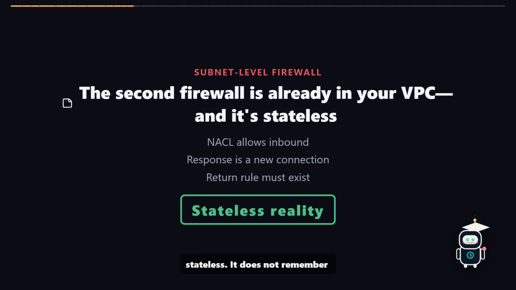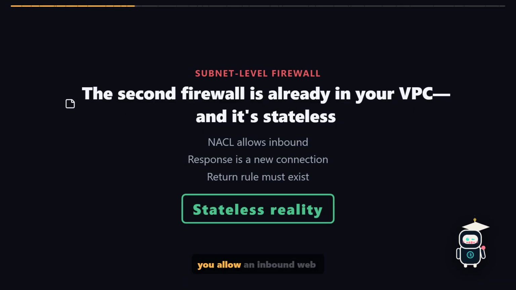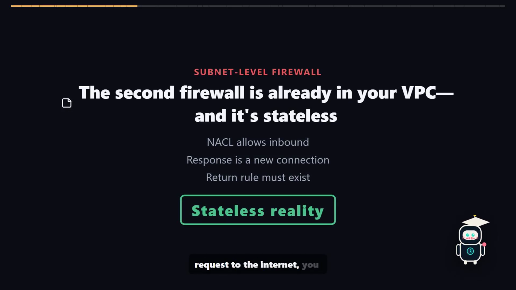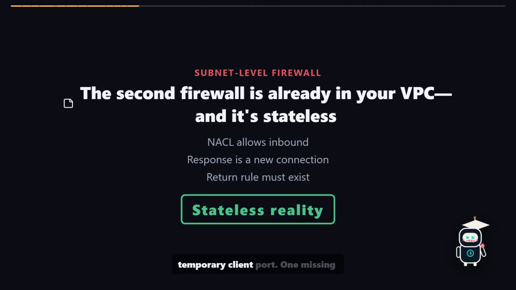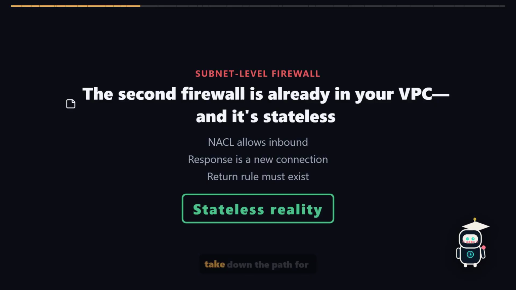It does not remember that you just allowed one direction of a connection. If you allow an inbound web request, you must separately allow the outbound response. And if an instance starts an HTTPS request to the internet, you must separately allow the inbound response back to the instance's temporary client port. One missing rule on either leg can take down the path for the entire subnet.